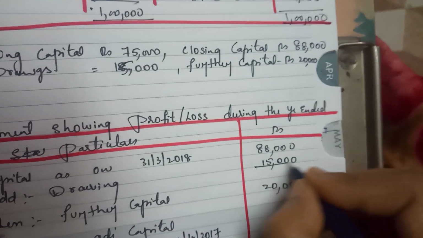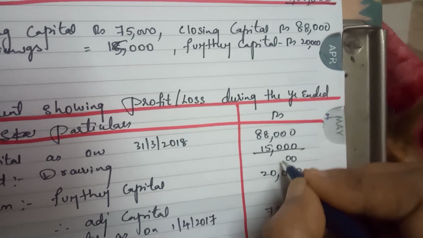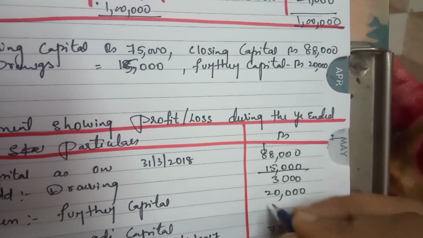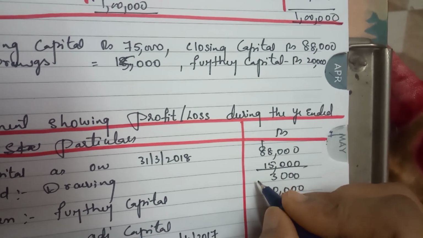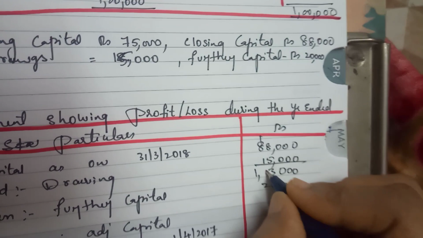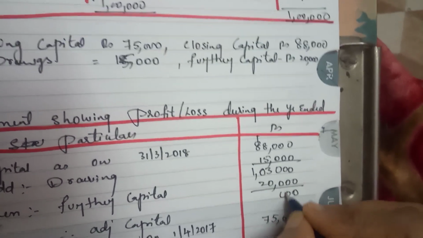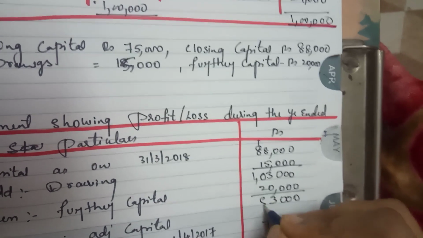So next, add: 8 plus 5 is 13, carry 1, 9, 10. So 1,03,000. From 1,03,000 if you reduce 20,000, we get 83,000.